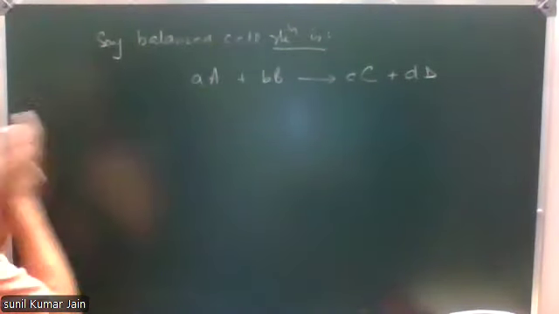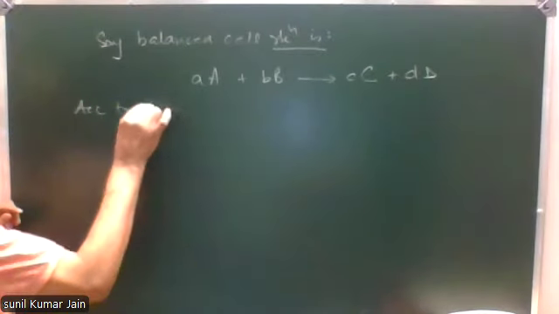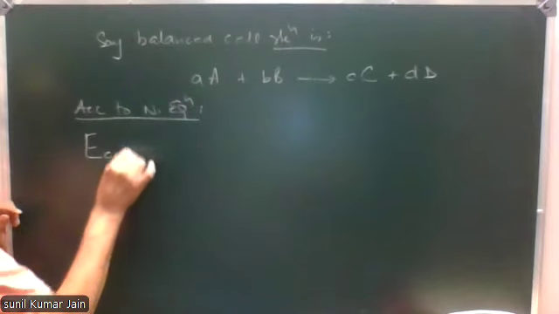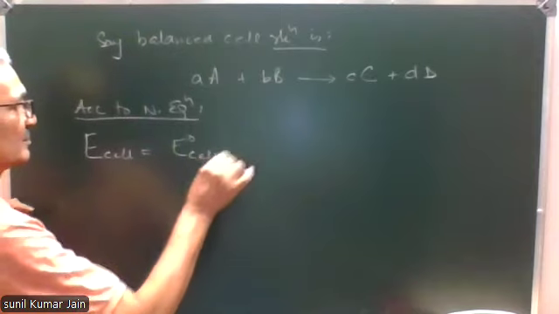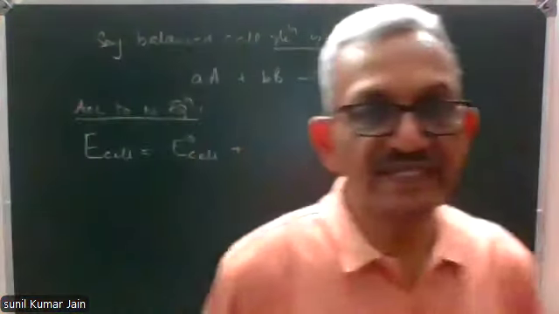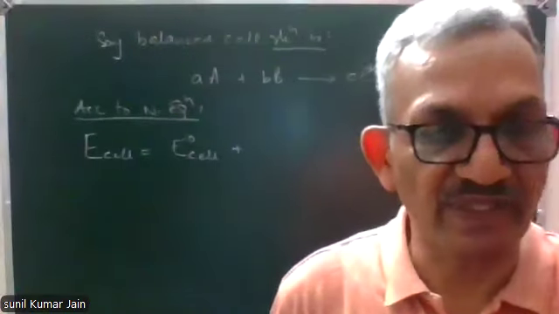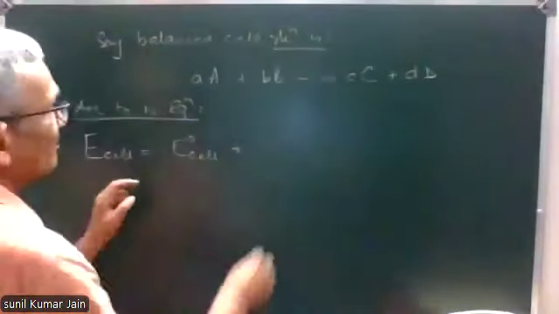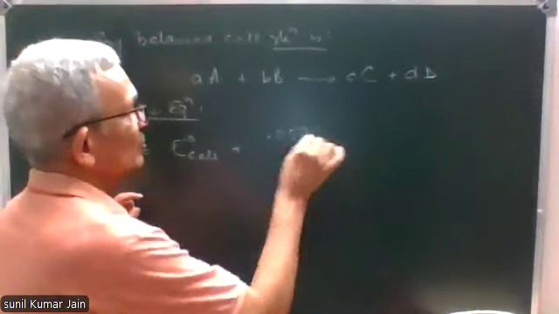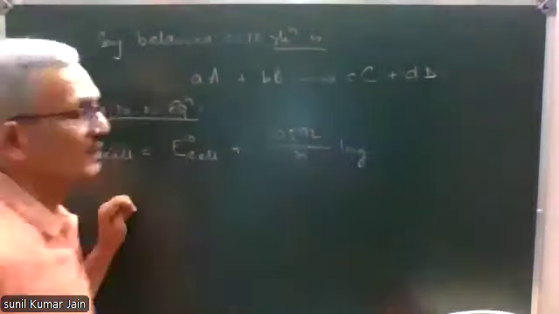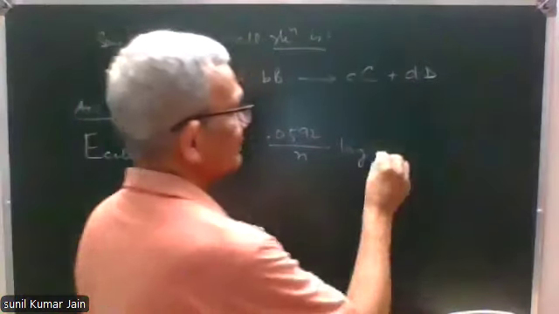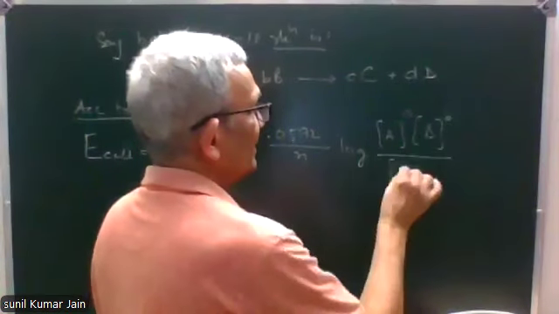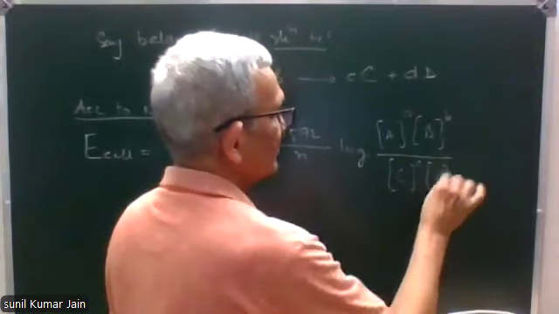Now, according to the Nernst equation, E cell, meaning EMF of the non-standard cell, is equal to E naught cell, that is EMF of the standard cell, plus 0.0592 divided by n, log of the concentration of A to the power a, B to the power b, divided by C to the power c, D to the power d.